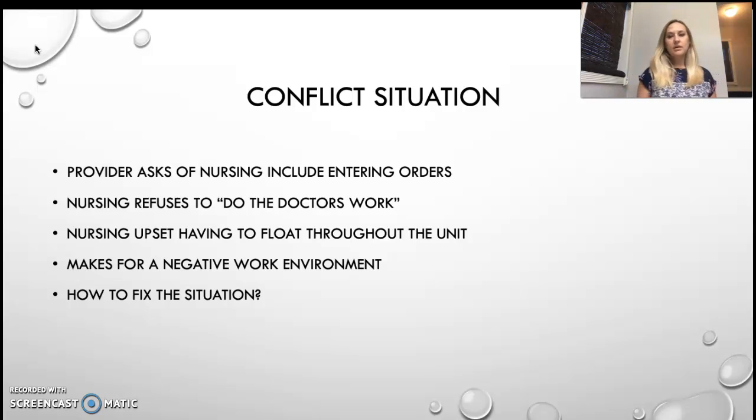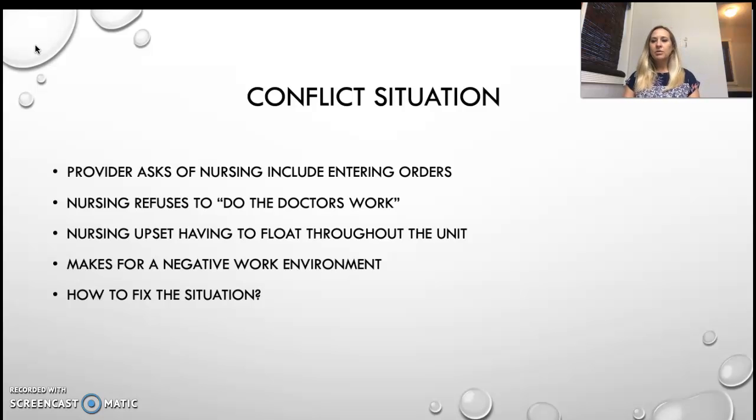At my current place of employment, our situation is the providers would like the nurses to sit in the room with them during the complete patient visit from start to finish. While the nursing staff is in there, they would like the nurses to input follow-up visits, imaging orders, lab orders, and medications, and send them over electronically.